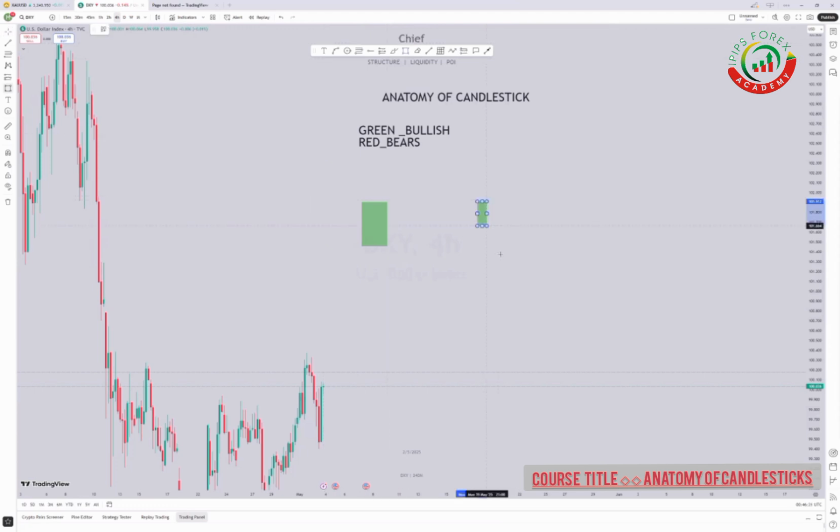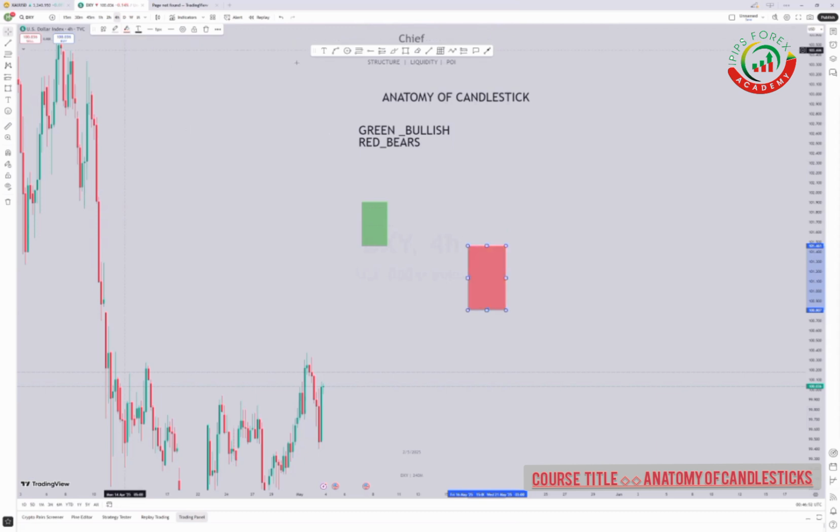I'll paint this one red to denote the bearish candle.